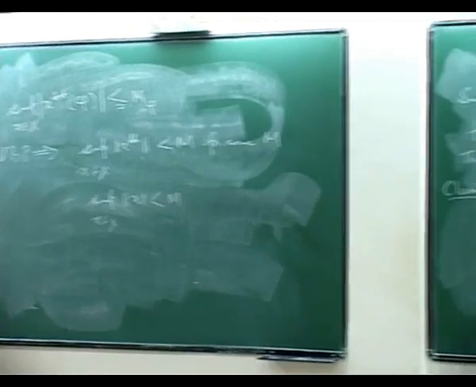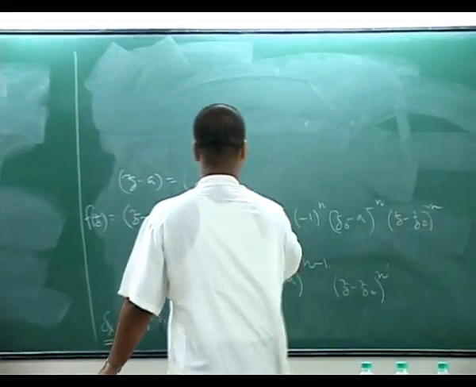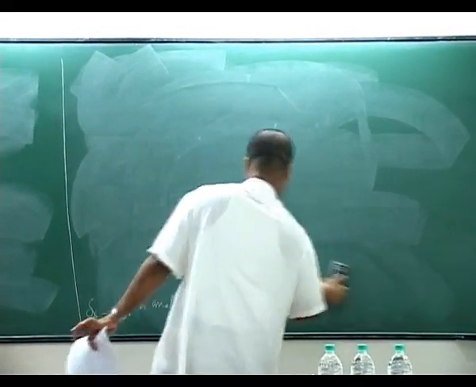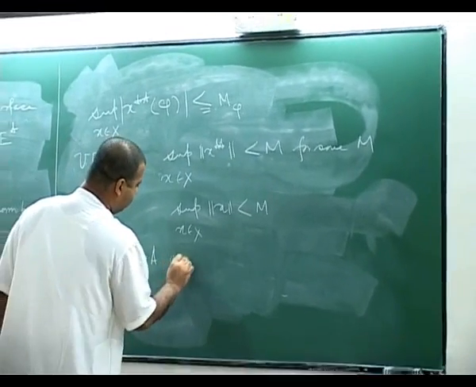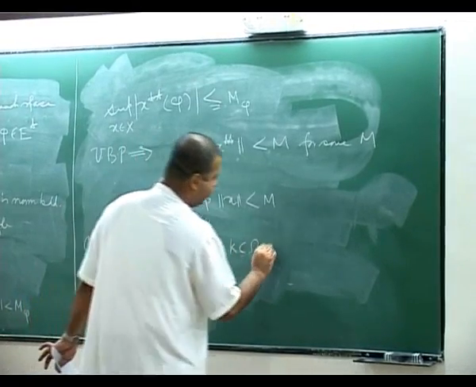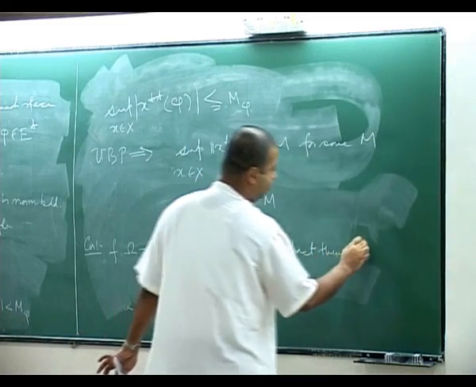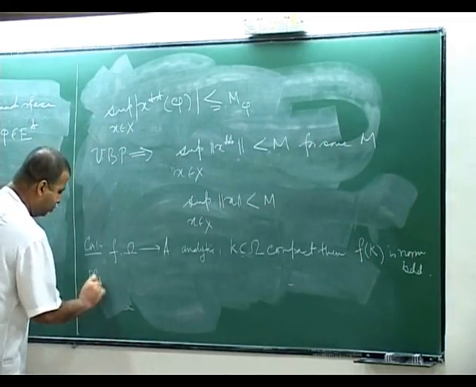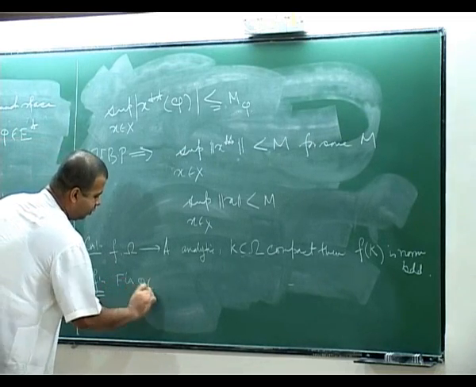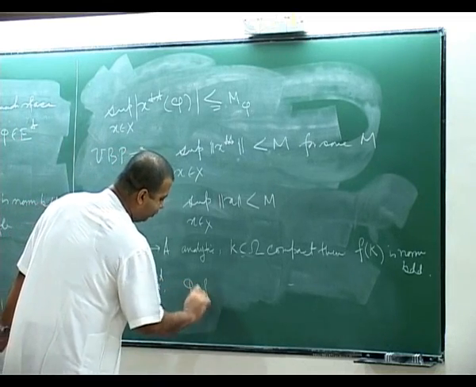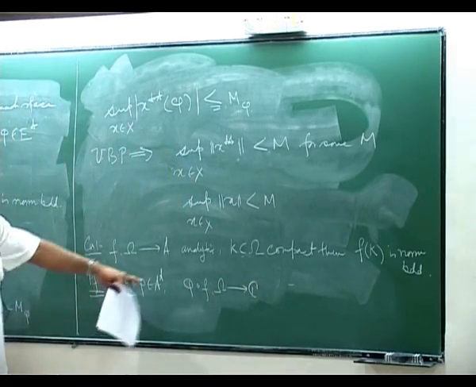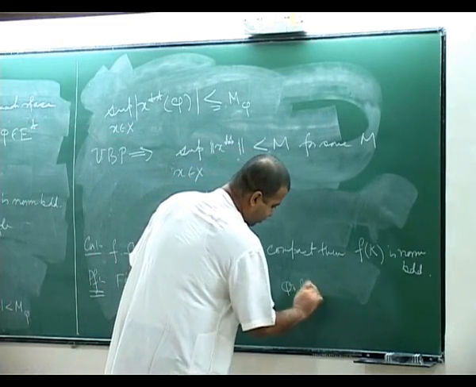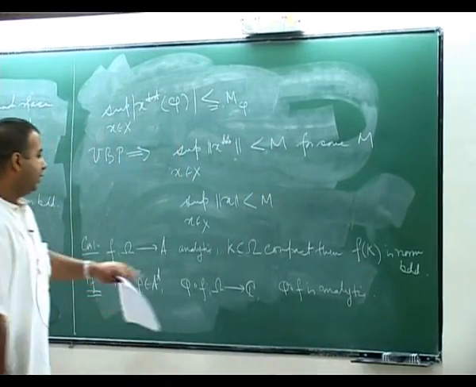Using this, we are planning to show that if we have an analytic function, then on a compact set it is weakly bounded, and therefore on a compact set it will be norm bounded. So in the proof, you fix phi from A star, and then you consider this phi composed with f from omega to C. By definition of analyticity, phi composed f is an analytic function, and therefore, in particular, it is continuous.